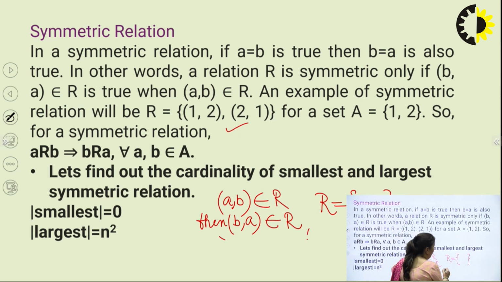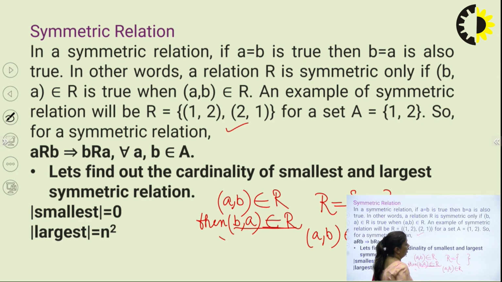Because whenever I have an A, B pair in my relation, only then will I be searching for this B, A pair. If there is no A, B pair, then the relation by default is symmetric and I don't need to search for any B, A pair. So, the cardinality of the smallest symmetric relation is always 0. If you don't have any element, then the relation by default is symmetric.